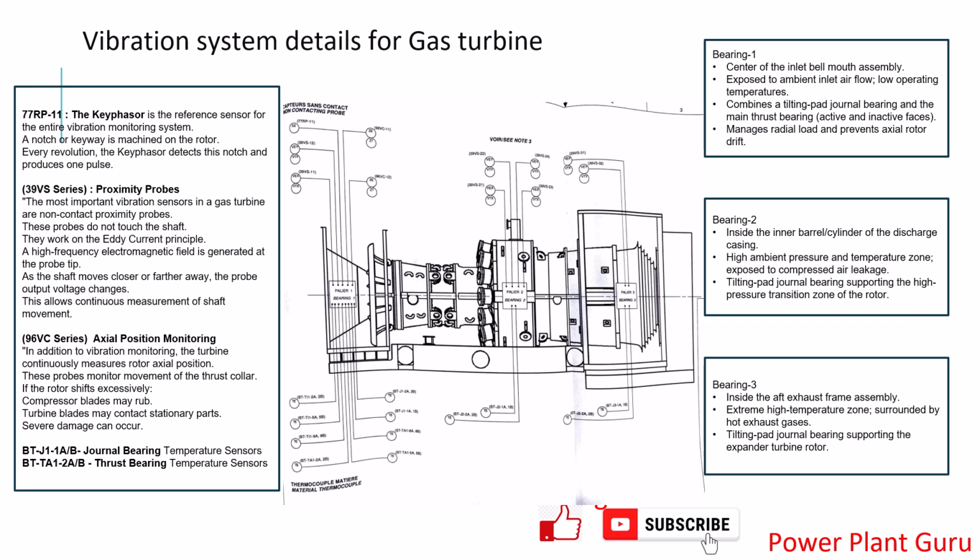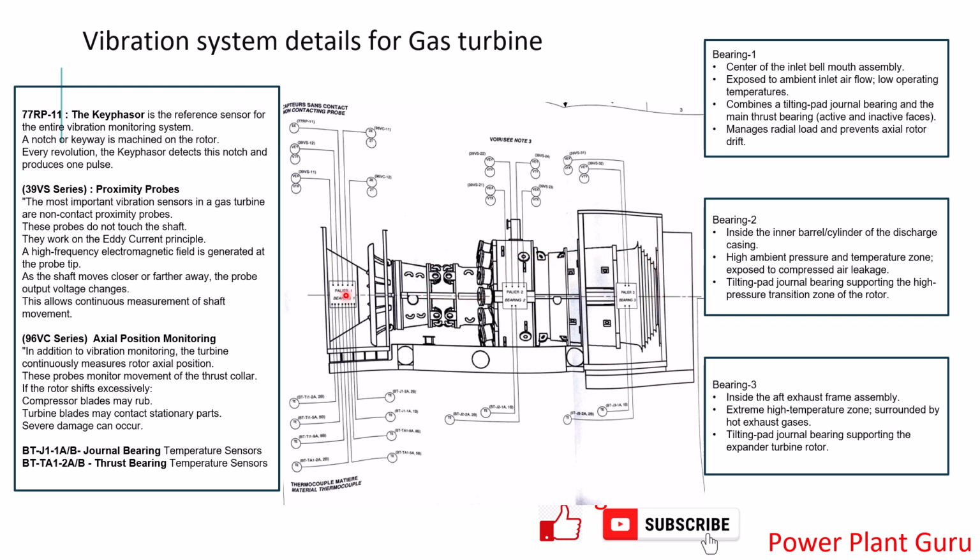Yes, so let's continue on this particular screen. This is a typical PNID for a gas turbine system. On the left side, there is the inlet air system, compressor, turbine, and then the exhaust.